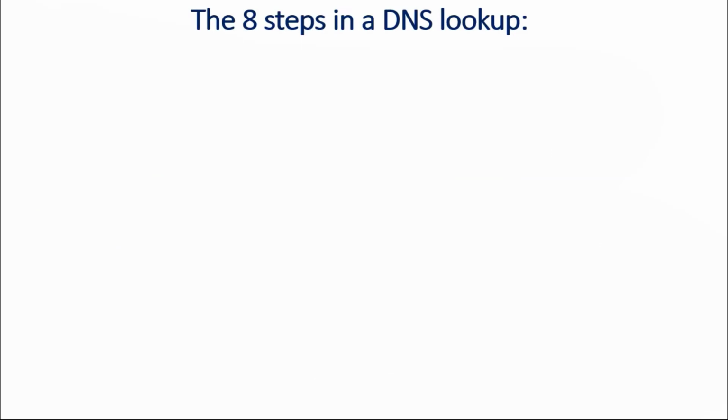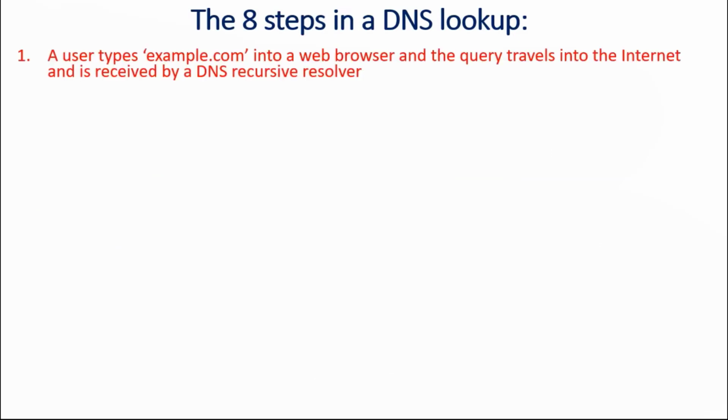Now, the 8 steps in a DNS lookup. A user types example.com into the browser, and the query travels across the internet and is received by the DNS recursive resolver. Say the user types facebook.com or google.com into the web browser.